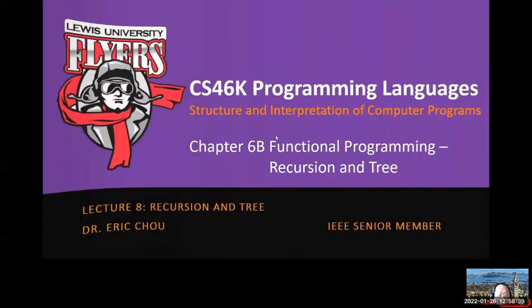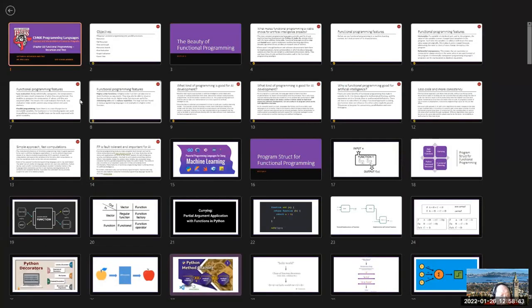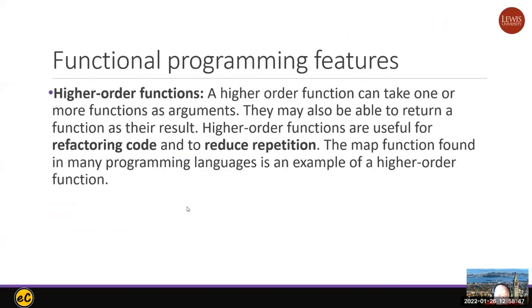That's the refactoring of the function, and it reduces repetition. Reducing repetition is another important issue. The map function is found in many languages, an example of a higher order function. What does higher order function mean? Originally you have the accumulator function of x with certain variables a and b.